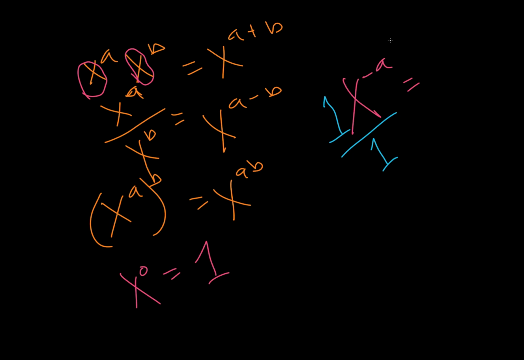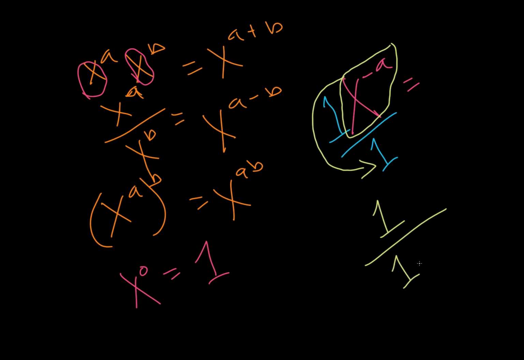And so what we're actually doing is we're taking everything that's connected to the negative exponent and switching which side it's on. So if we were to do that, we'd be left with the 1 on top, still have the 1 on the bottom, and now it's x to the positive a. When we move it down to the bottom, it becomes a positive a.